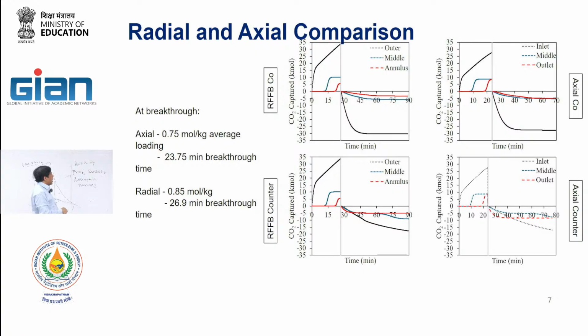A couple of interesting things here. This shows you the breakthrough at different locations. This is adsorption, this is desorption, this is adsorption, desorption. Without going into these profiles too much, the interesting thing here is at the breakthrough, if you look at the loading profile, the average loading is 0.75, and for the radial flow, we got somewhat higher average loading.